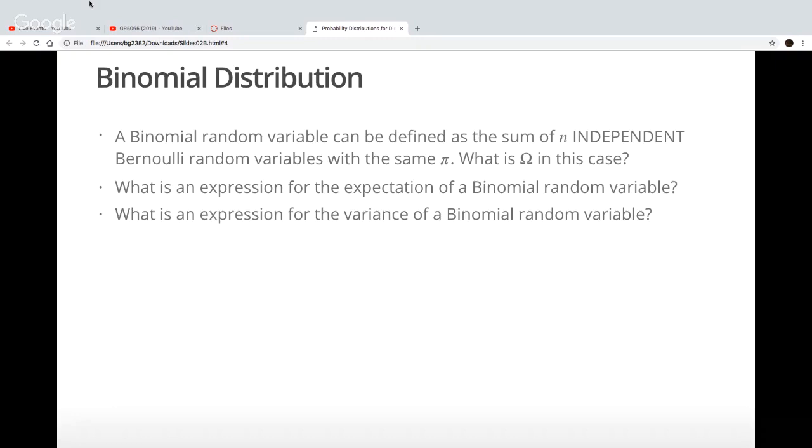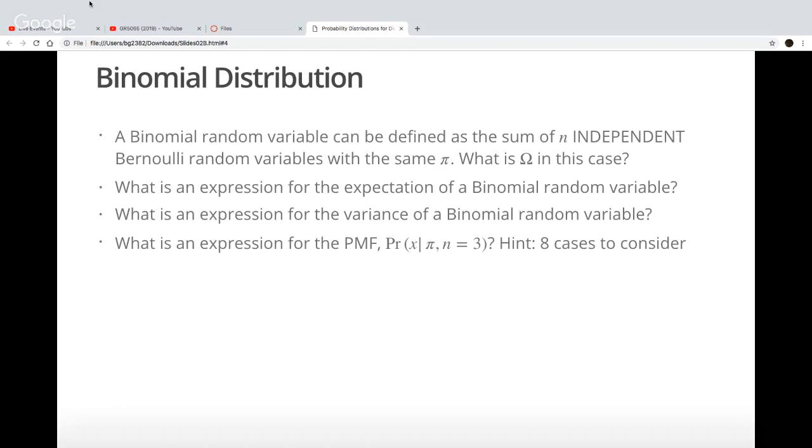So we don't have to worry about the 2 times 0 business. All we have to do is sum up the variances. And we just got through saying that the variance of a Bernoulli random variable was pi times 1 minus pi. And if we add up n of those, we get n times pi times the quantity 1 minus pi. So you see how we can build distributions and build understanding of those new distributions using old distributions and applying just arithmetic operations to them.